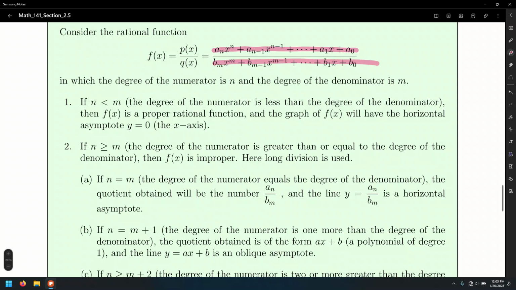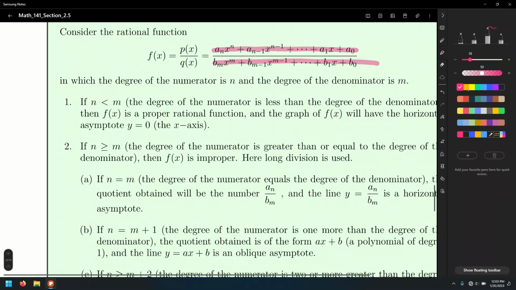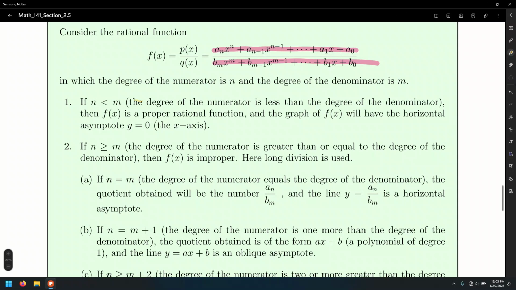So there's a couple of guidelines that we have over here. Number one, if the degree of the numerator is less than the degree of the denominator, that is, this n is less than m, which is this n and this m right here.